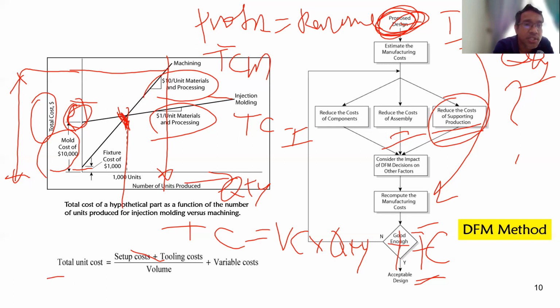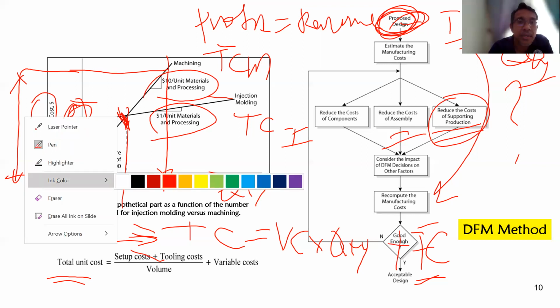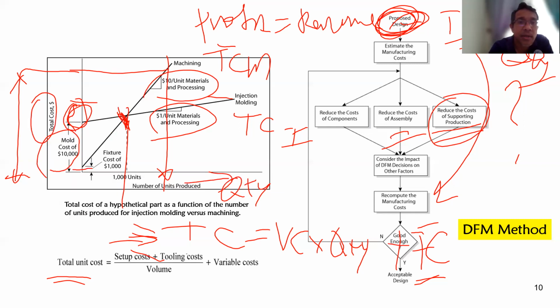So the total unit cost here, you have this formula. How do we get this? The total cost is the variable cost multiplied by quantity plus the fixed cost. You need to divide by quantity, even for the fixed cost.